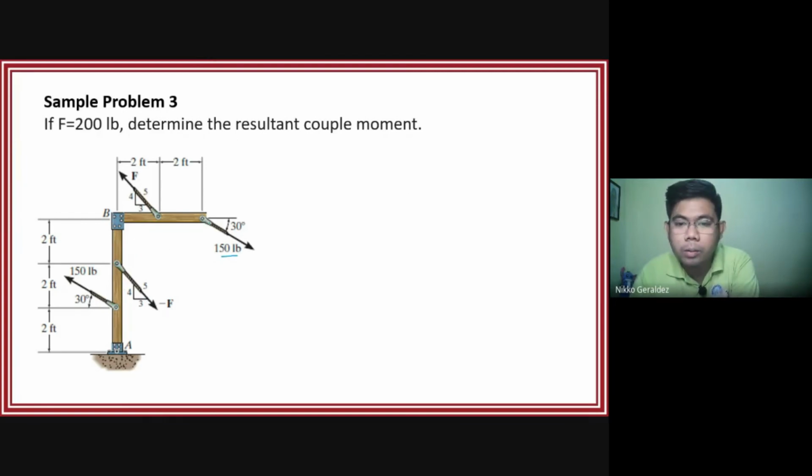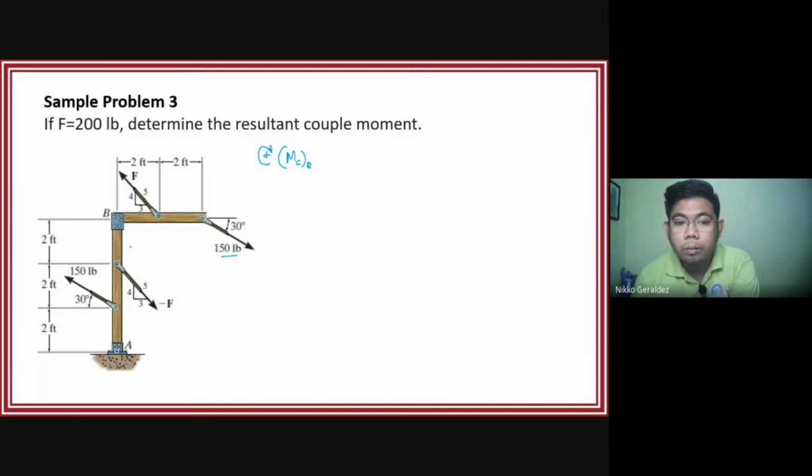Unang method, gamitin natin resultant couple moment. Clockwise, positive. Kunin natin yung couple moment ng F and 150. Play natin yung Varignon's theorem, okay, yung principle of moment.